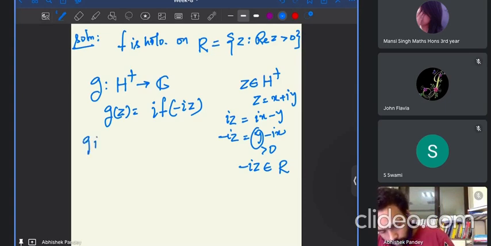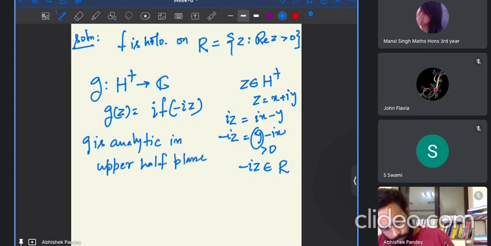So let us say g is analytic in the upper half plane.